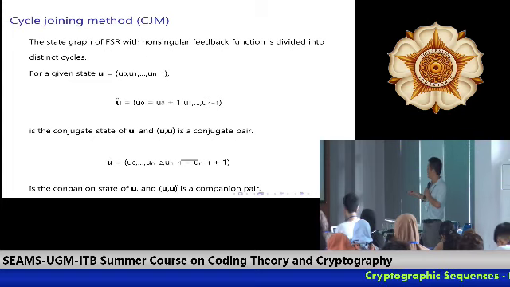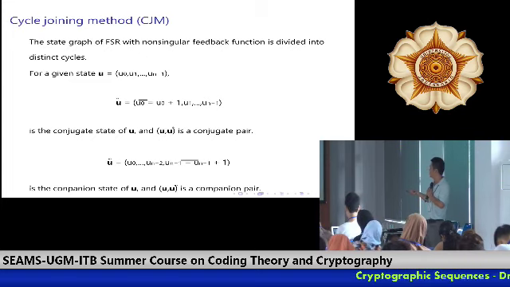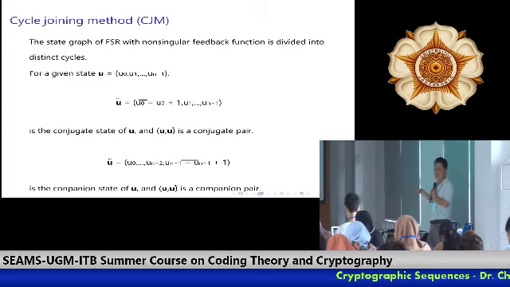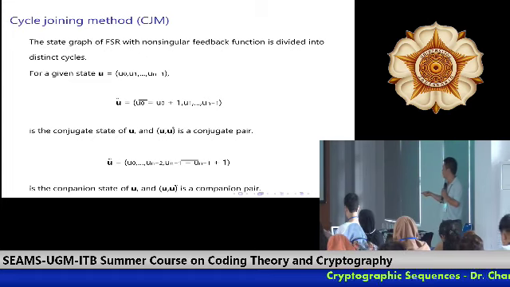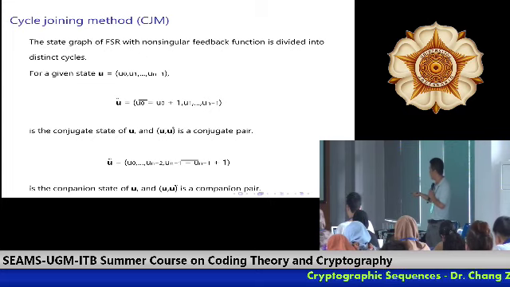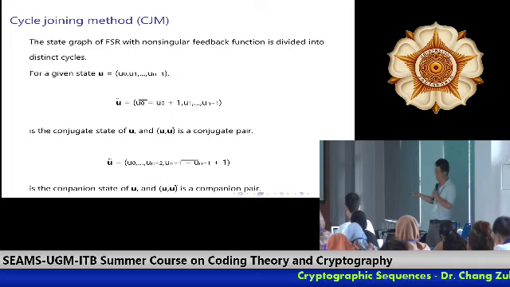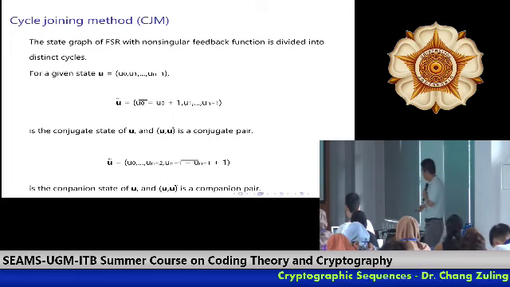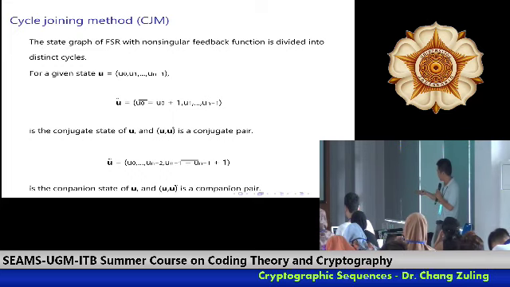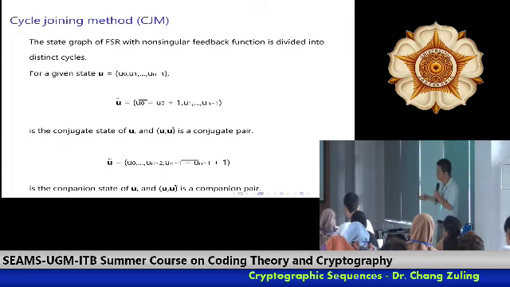Also we can define U tilde by changing the last one, the companion state, and the pair state is a combination of conjugate and companion.